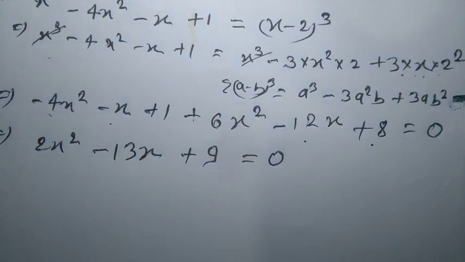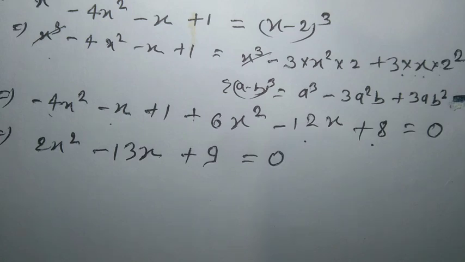Now it is of the form ax square plus bx plus c is equal to 0. So the given equation is also a quadratic equation.